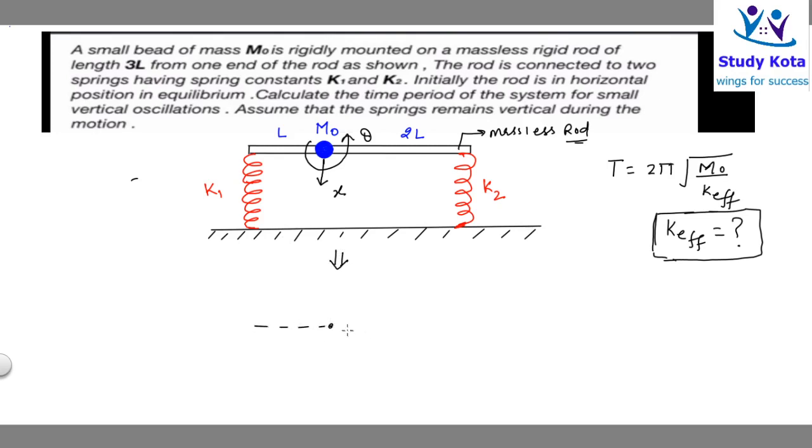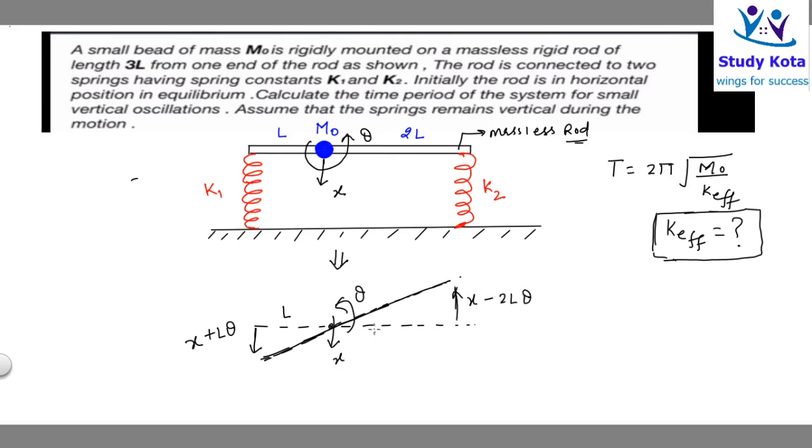This is the initial position. When you apply force in the downward direction, the rod will look like this. So when you displace it through x with angular displacement theta, the end position of the rod has a displacement of x plus L theta, where this distance is L, and on the other side, x minus 2L theta.